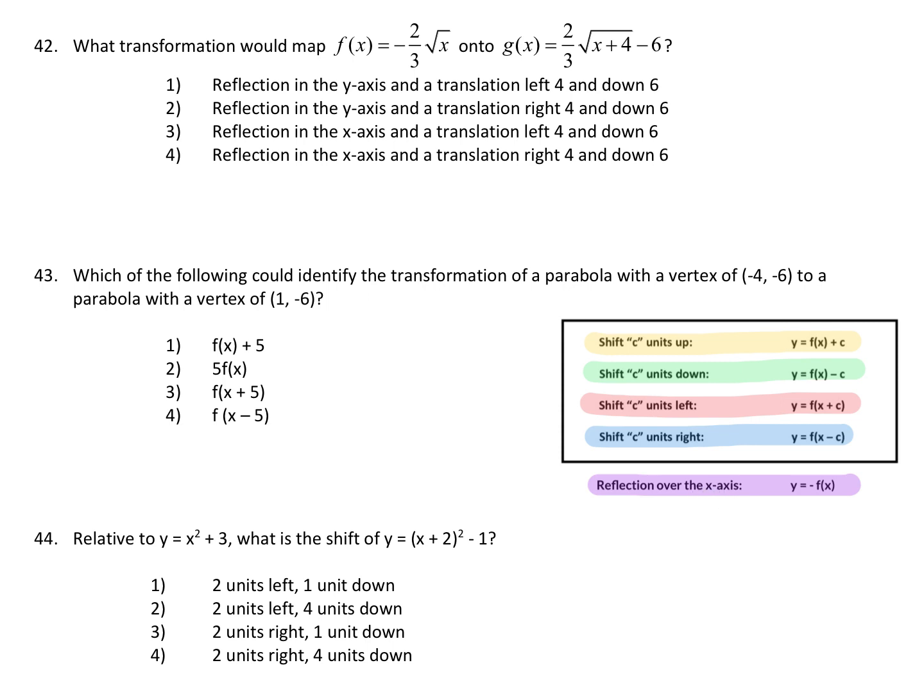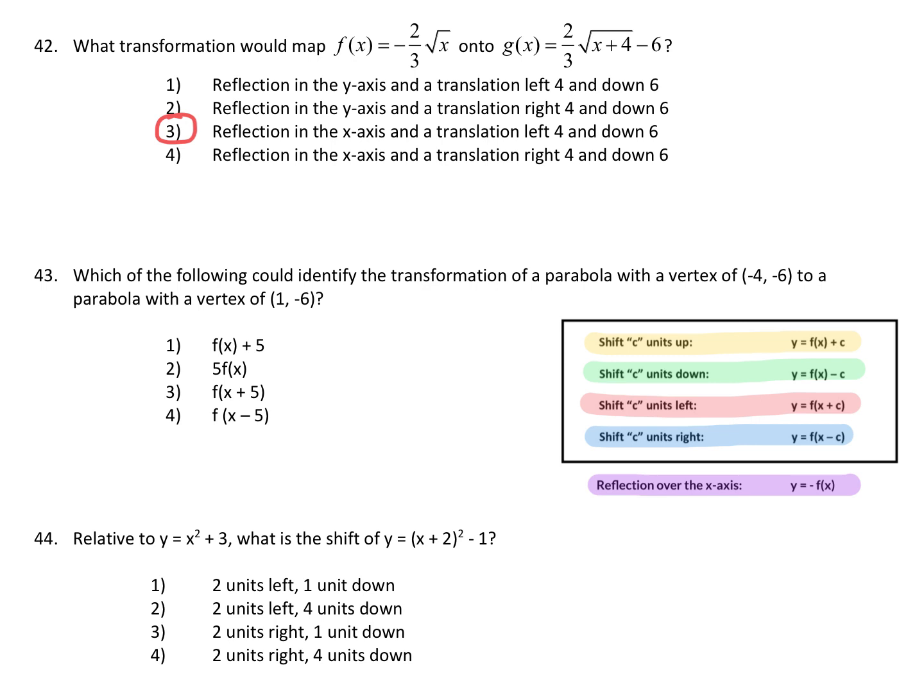So far it has to be choice 3 or 4, right? We have reflection in the x-axis. Now, we're adding a number within the function, within the radical. If it occurs within, that's going to move it to the left or the right. And remember, if it's an addition, it moves it to the left. So we can see right here, we're moving to the left 4 units. And then this -6 at the end: when you subtract something from the end, it moves it down. So it's going to be down 6 units. So choice 3 is our answer.